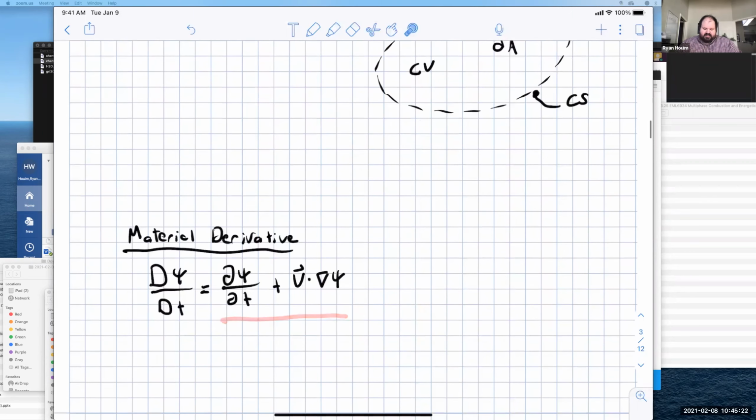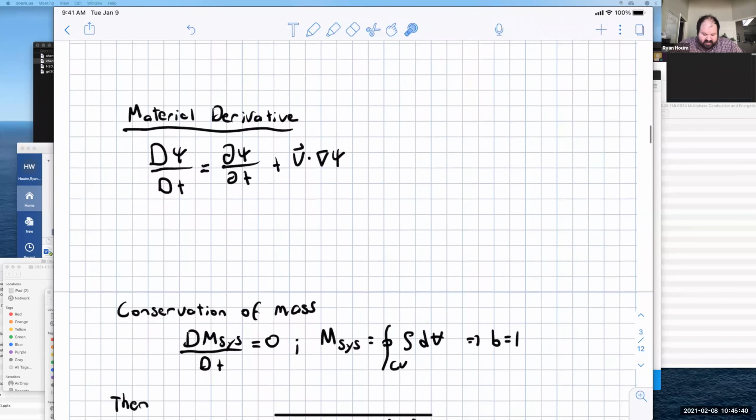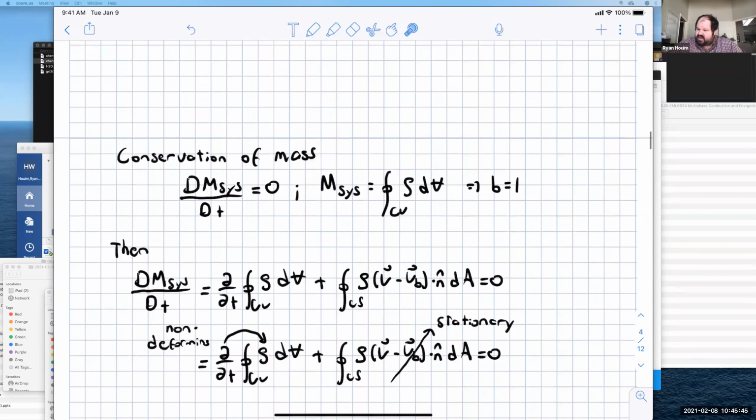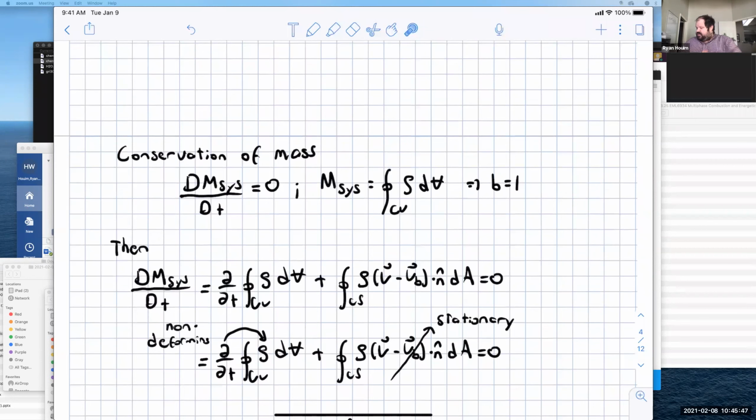It is given by D psi/Dt, which is the time rate change of a variable psi plus the velocity vector dotted with the gradient of psi. That's all it will mean. Most of you should have seen this, if not all of you. Now we'll apply it to deriving the governing equations.